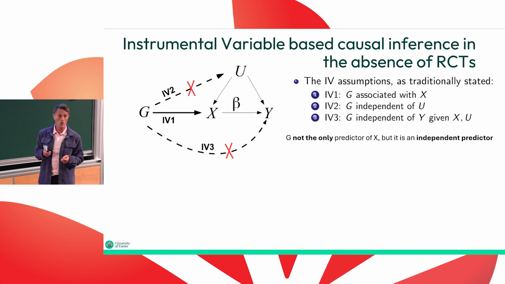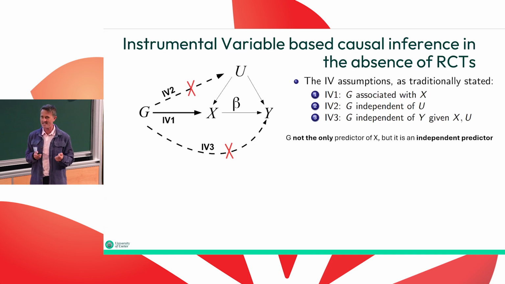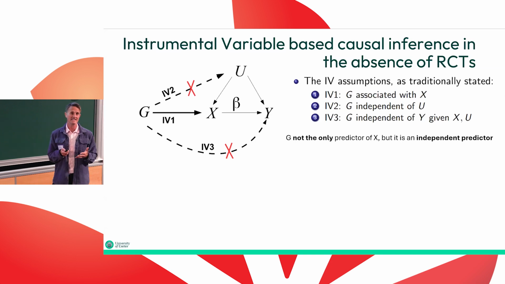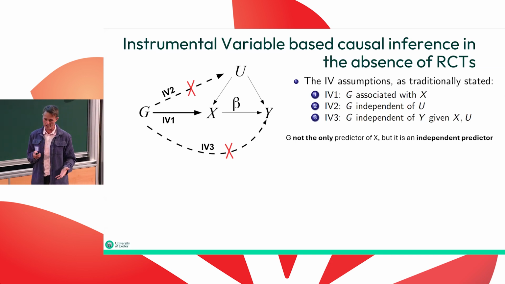In this causal diagram, G is now our genetic instrument, and it satisfies three important IV assumptions. The first is that it's robustly associated with the exposure X. The second is that it's independent of any confounders of the exposure outcome relationship. And the third assumption is that it only affects the outcome through the exposure.